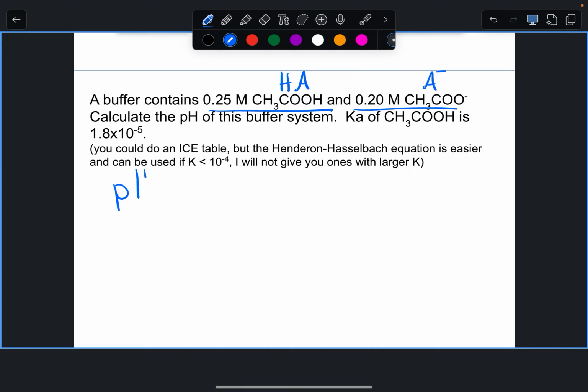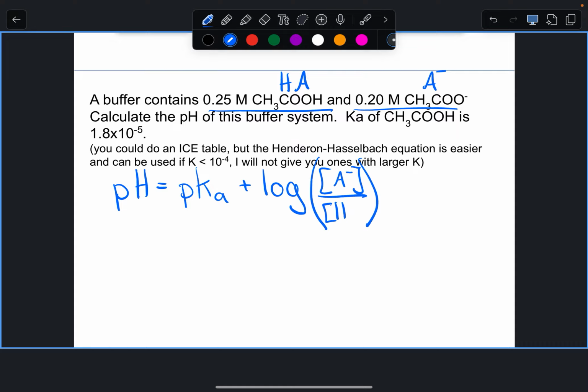So we're going to use that Henderson-Hasselbalch equation, pH equals pKa plus the log of A minus, the conjugate base, over HA. All right, so go ahead and solve that out.